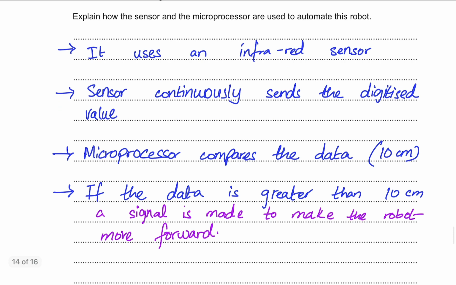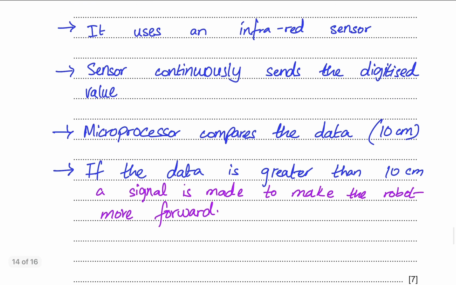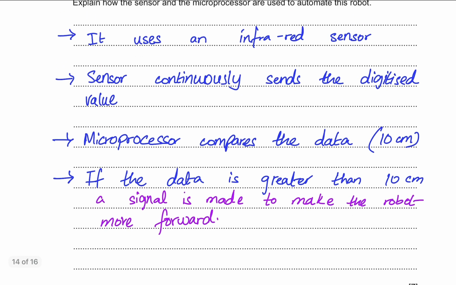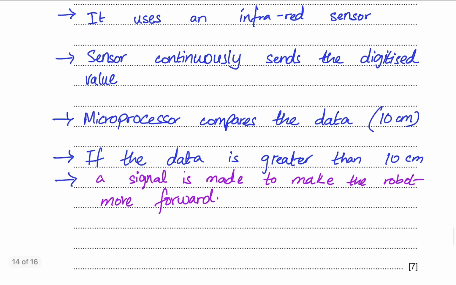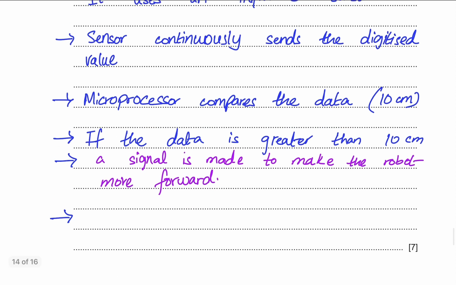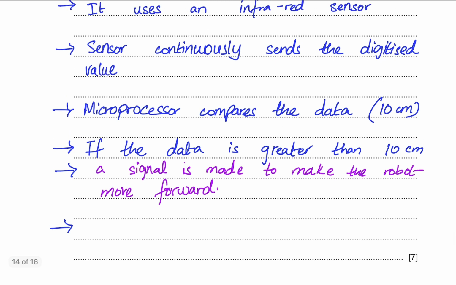Okay, so these are your 3, 4, 5 points. 2 more points we can add. An actuator is used to make the robot turn.